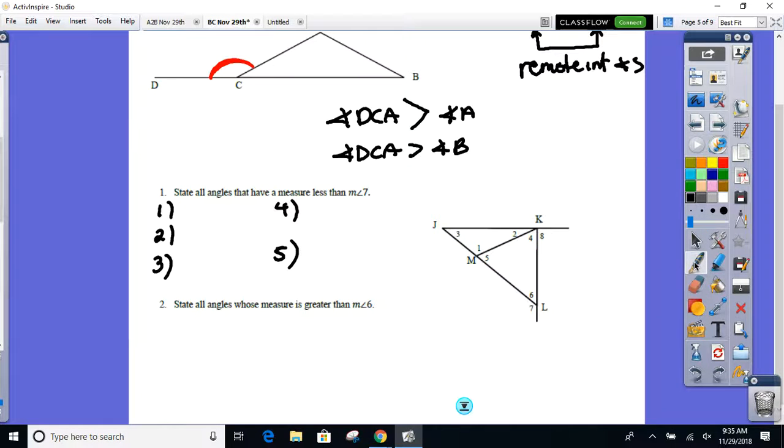So what you guys are trying to find are some remote interior angles to angle 7. Can you find any angles that are remote interior for angle 7? We already looked at 2 triangles. If you come up with 1, that's fine. If you come up with 2, great. At least come up with 1 of them.